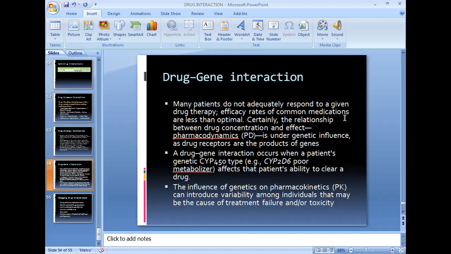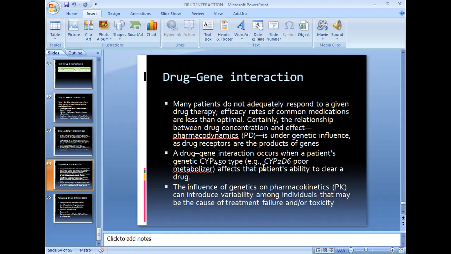So there is also another factor, a pharmacokinetic factor. A drug-gene interaction may occur when a patient's genetic cytochrome P450 type, for example cytochrome 2D6, is a poor metabolizer of a specific drug, so the clearance of the drug is not proper.